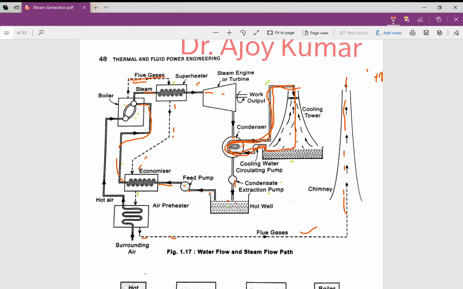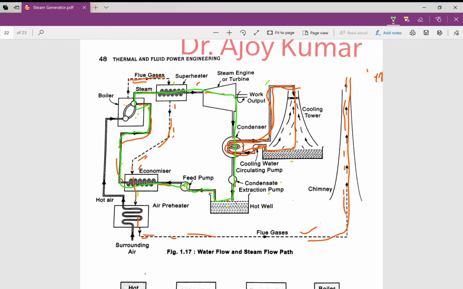Hot gas circuit, that is a path like this, and the steam circuit is this one. Steam or water, we can say, right?